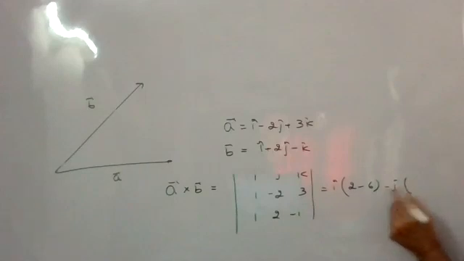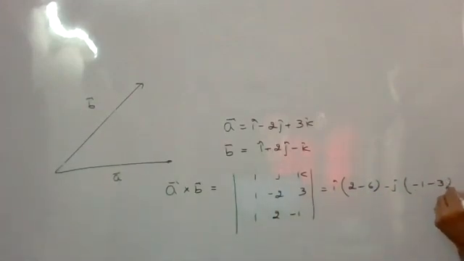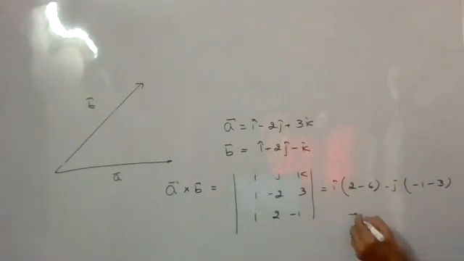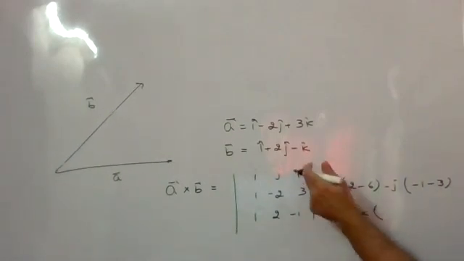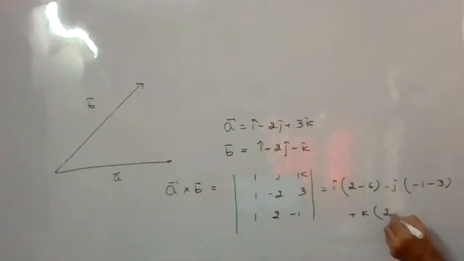Then minus j times minus 1 minus 3. Then k times 2 plus 2. So A cross B will be minus 4i plus 4j plus 4k. This is a vector which is perpendicular to both A and B.